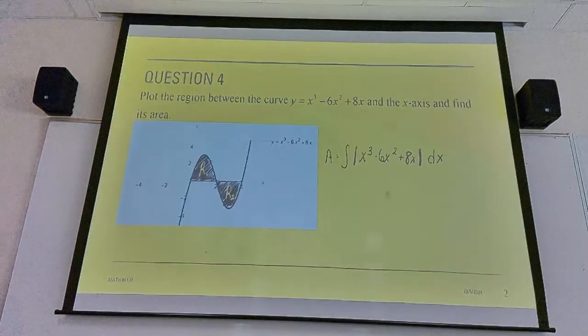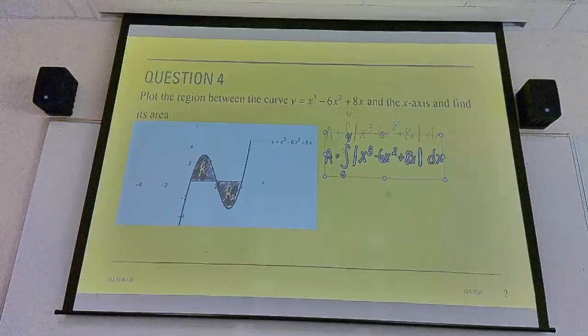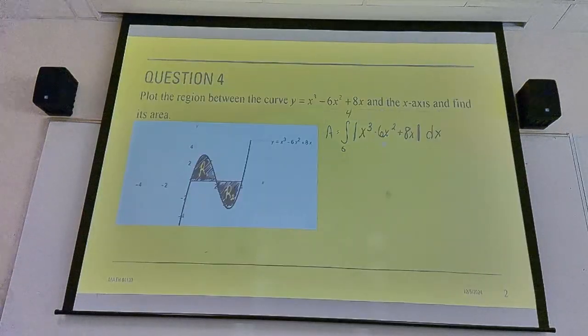What are we integrating over? 0 to 4. We'll put this back up. Oops, not 0 to 4. Obviously it splits at 2.